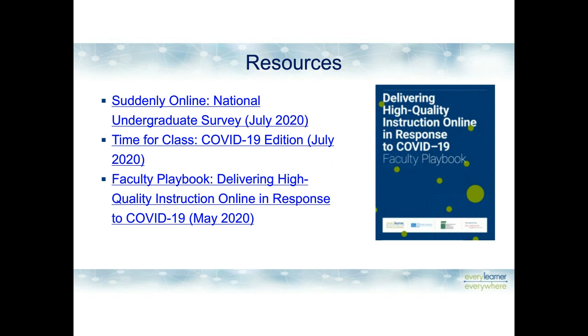That is a student survey, undergraduate student survey, and it looks at the experiences of undergraduate students in the transition online due to COVID-19. It's really, really fascinating work, and I definitely encourage that you look at that. The Time for Class COVID-19 edition contains information related to a faculty survey that was done by Titan Partners, and kind of outlines some of the experiences of faculty in the same transition.